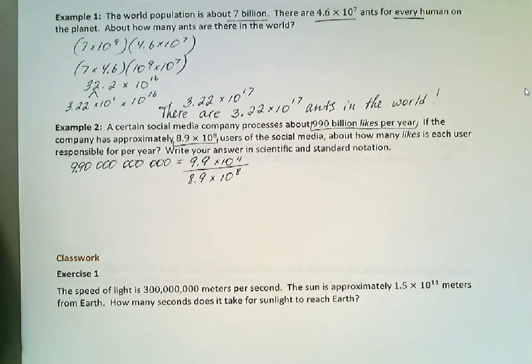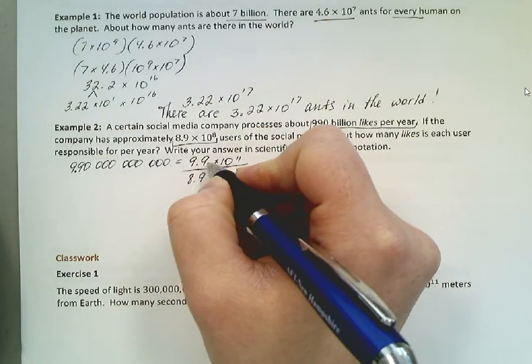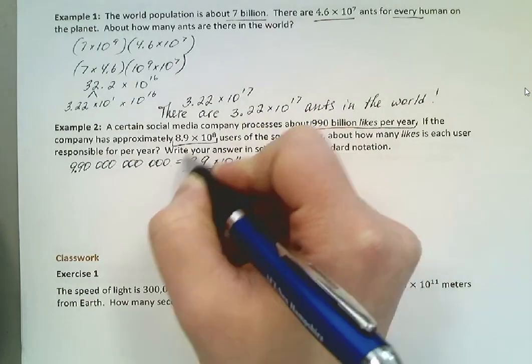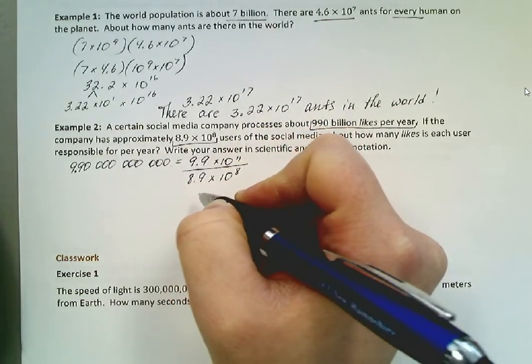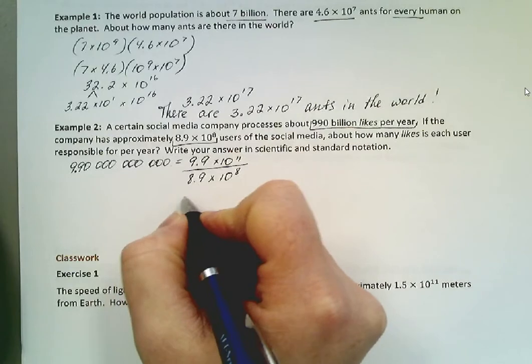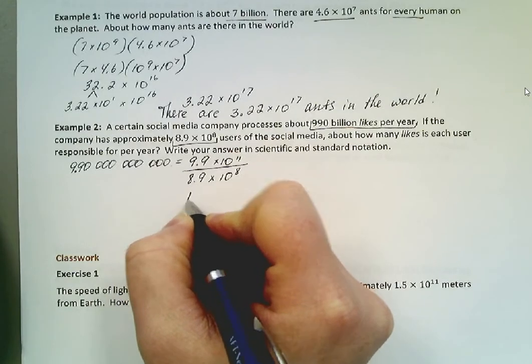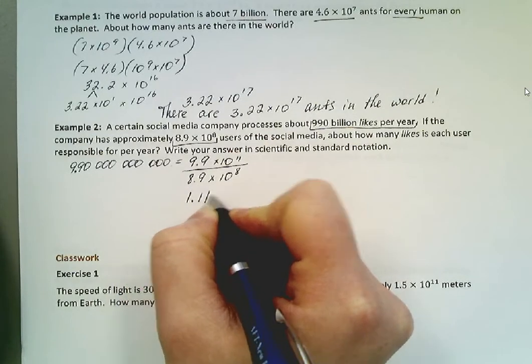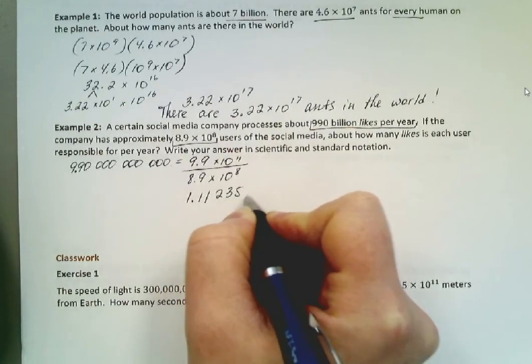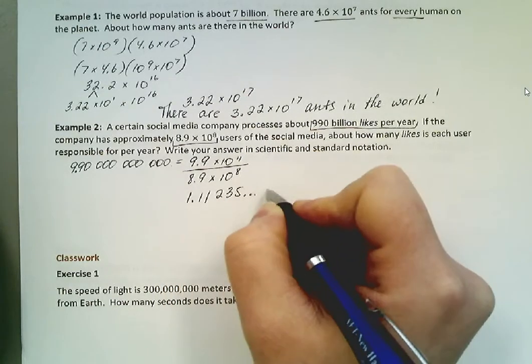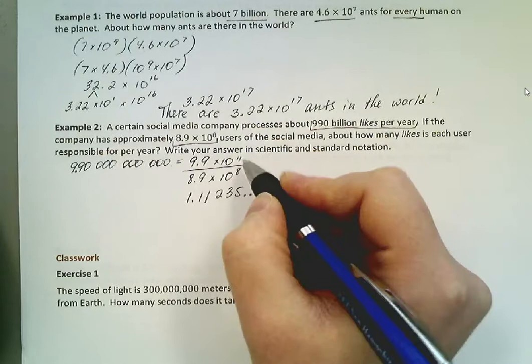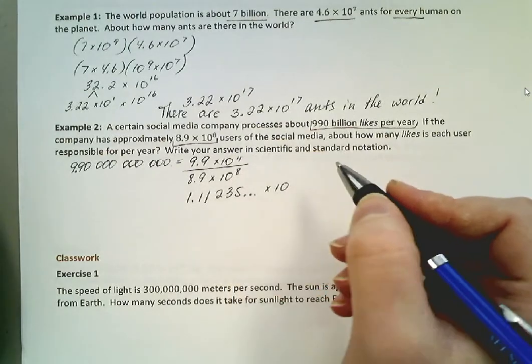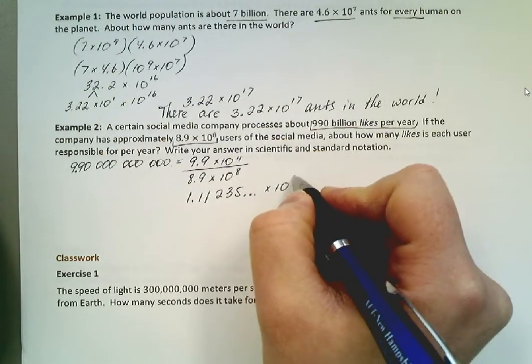Since we are dividing numbers, we are dividing 9.9 by 8.9, and we will get about 1.1123 5, and it will keep on going, times 10, and we are subtracting powers of 10 here since it's a division problem, 10 to the third.